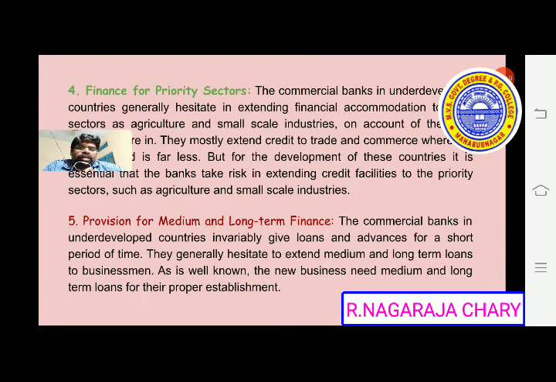So that's why commercial banks, underdeveloped countries, regionally backward areas and below poverty line people will be given importance for short term loans and advances. Whereas new establishments and new business people, medium and long term loans are also to be given.